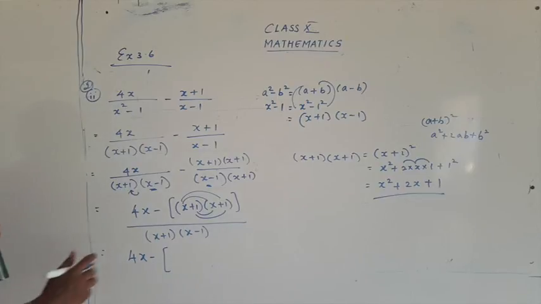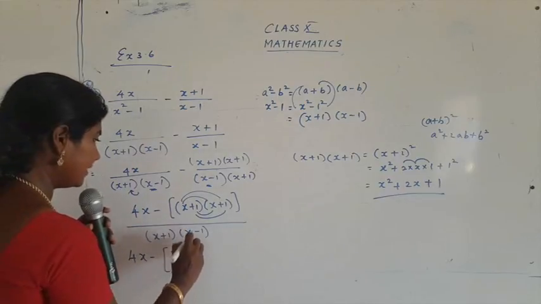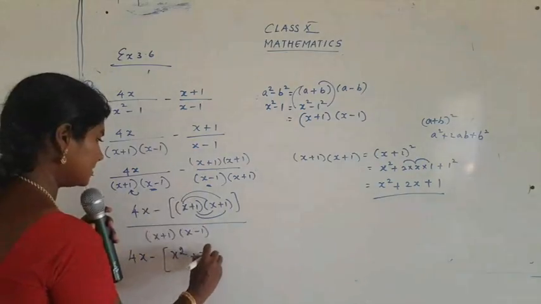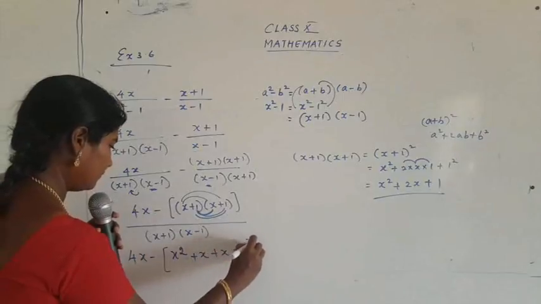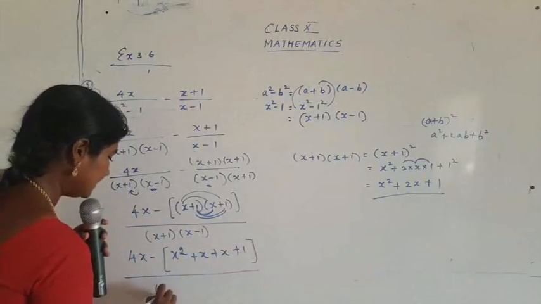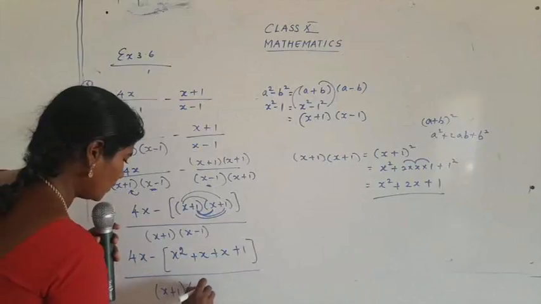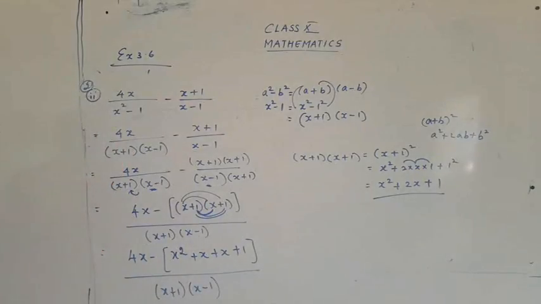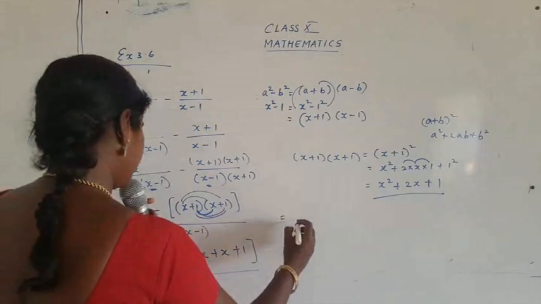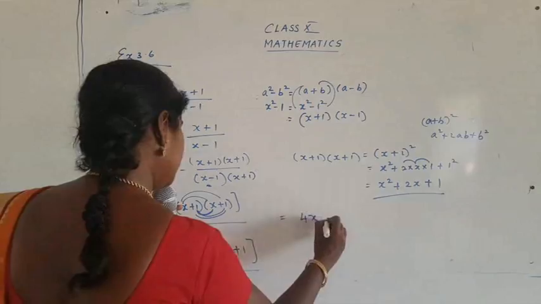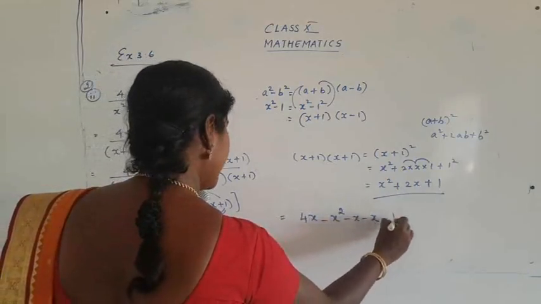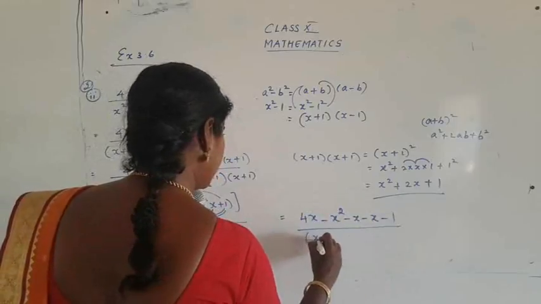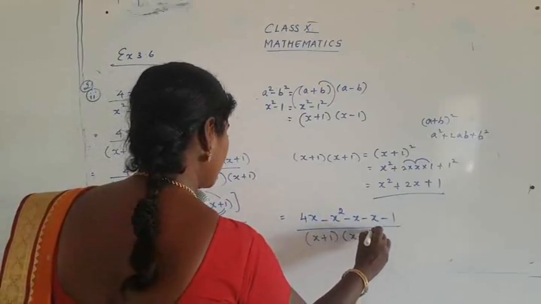So let's open it. x into x, x square, plus x. 1 into x is plus x. 1 into 1 is plus 1. Upon x plus 1, x minus 1. Okay, now let's open the bracket. So let's see what we get over here. So this is 4x minus x square minus x minus 1 upon x plus 1, x minus 1.